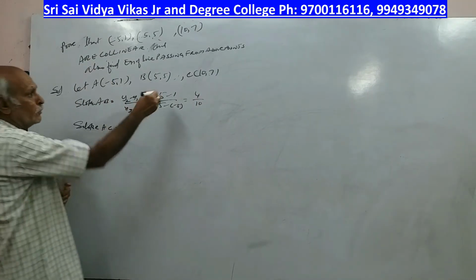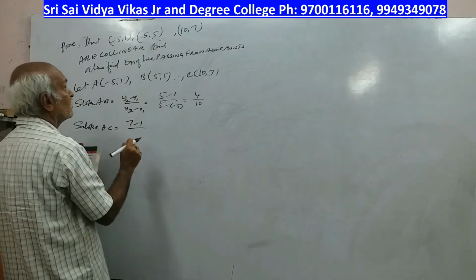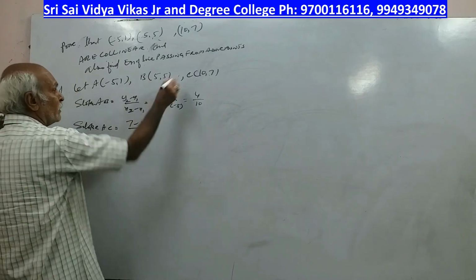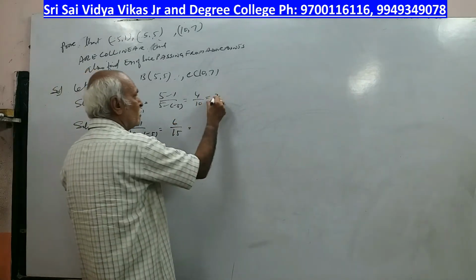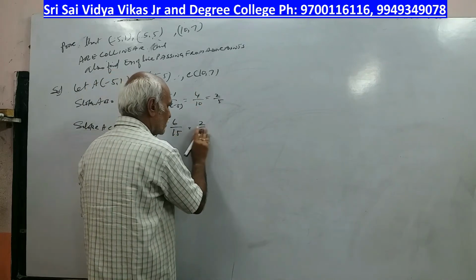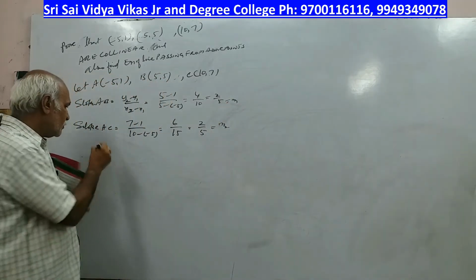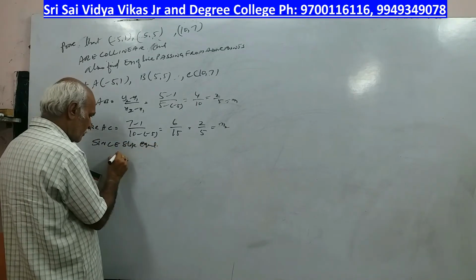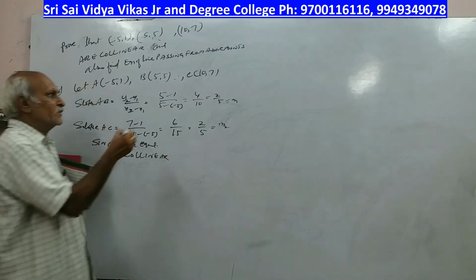Next, AC slope: 7 minus 1 by 10 minus of minus 5, so 6 by 15, which is 2 by 5. Here also 2 by 5. This is m2. This is m1. You got m1 equal to m2. Therefore, since slopes are equal, collinear.